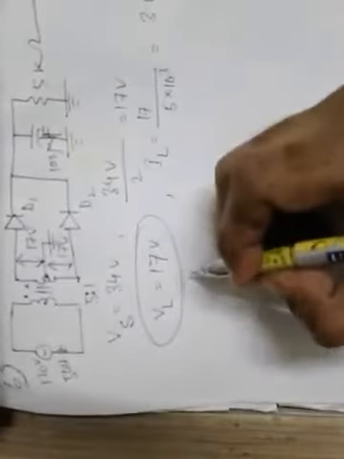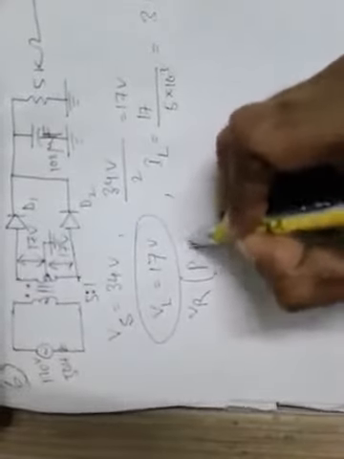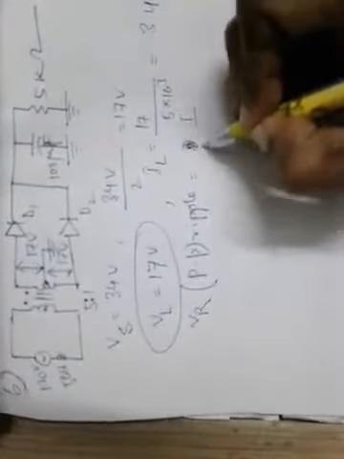So it will come as 3.4 milliampere. Now based on the equation for peak to peak ripple voltage, like on the previous occasion, IL divided by F into C, where C is 100 microfarad.